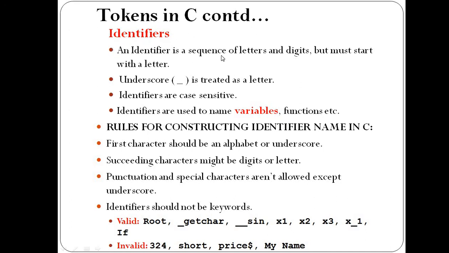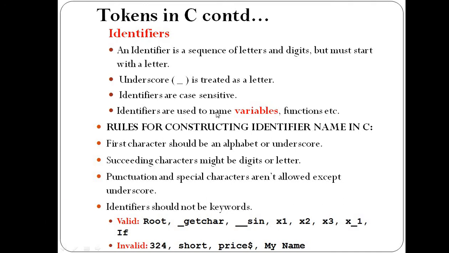An identifier is a sequence of letters and digits, but it must start with a letter. In an identifier, only one special symbol is allowed, the underscore, which is treated as a letter. Identifiers are case sensitive. Either we can give a name in uppercase characters or lowercase characters, or we can specify the first character as uppercase and the remaining as lowercase.